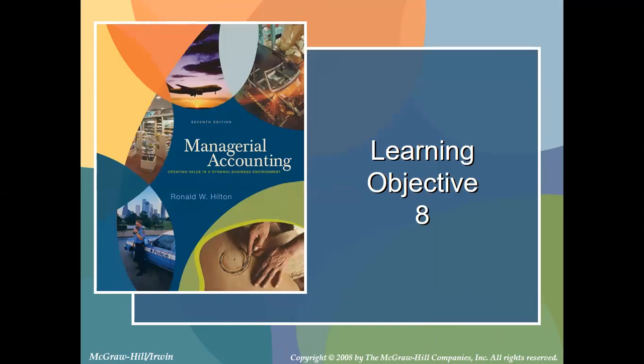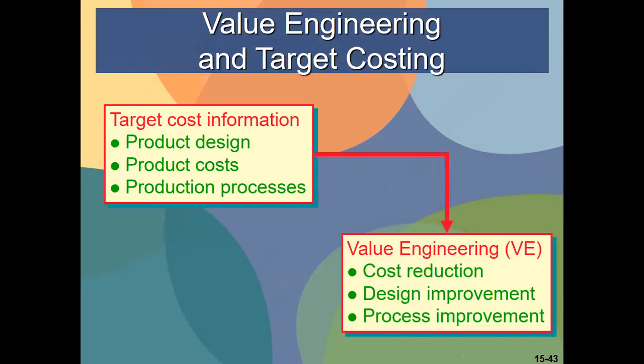Then learning objective 8. We also have value engineering and target costing. As we said, for target costing, we determine the price and then we target the cost, with an acceptable profit margin. The engineers, cost analysts and designers would be designing the system of production processes and the products involved so that we'll have the targeted cost.